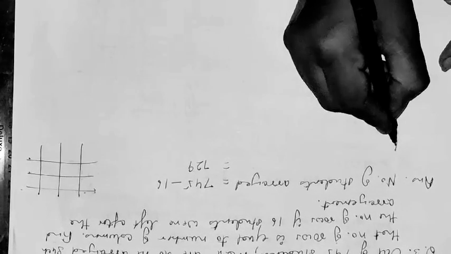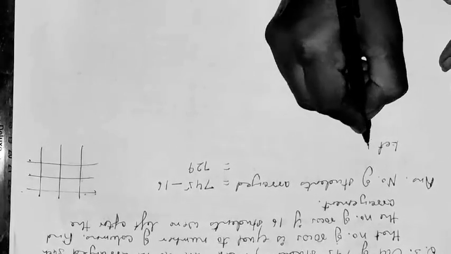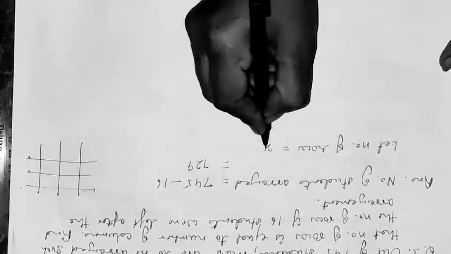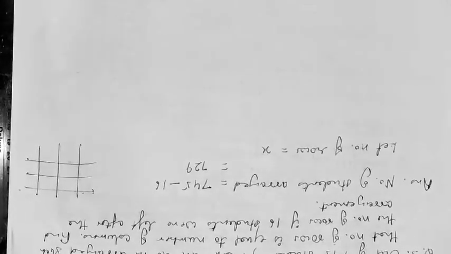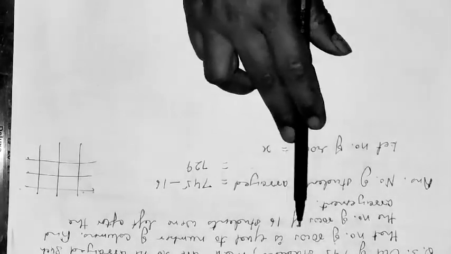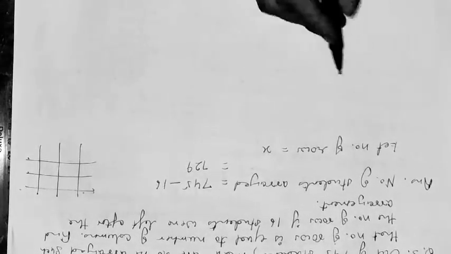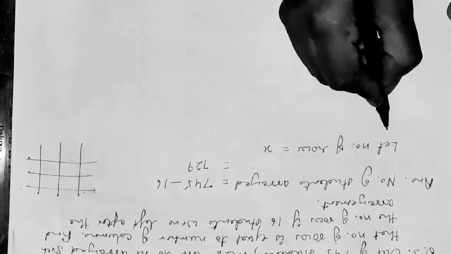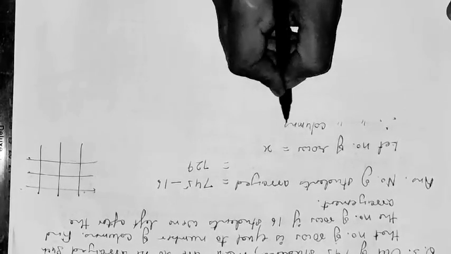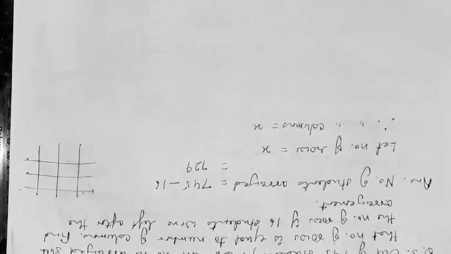Now suppose the number of rows is equal to x. We have to find the number of rows. It is given that the number of rows is equal to the number of columns. If the number of rows is x, the number of columns will also be x.